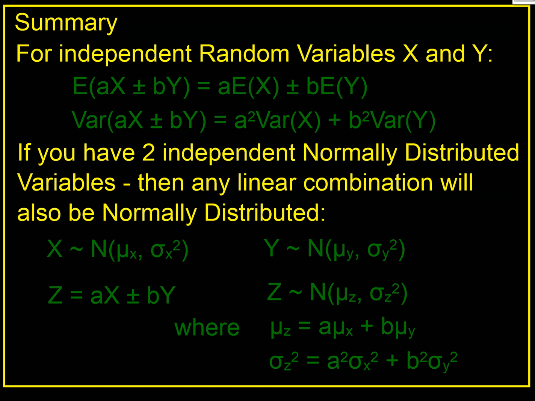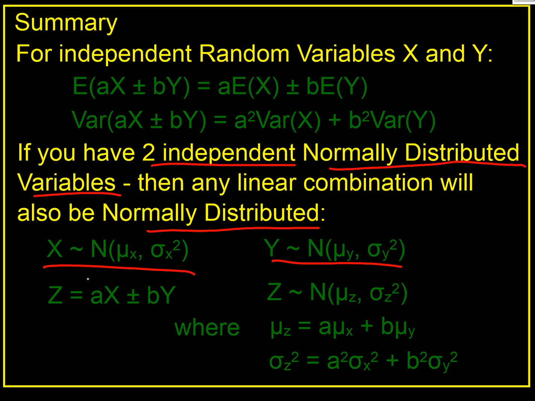Okay, so that basically brings us to the second part of the summary that I prepared. If we combine two independent normally distributed variables, x and y, we create a new normally distributed variable, z.